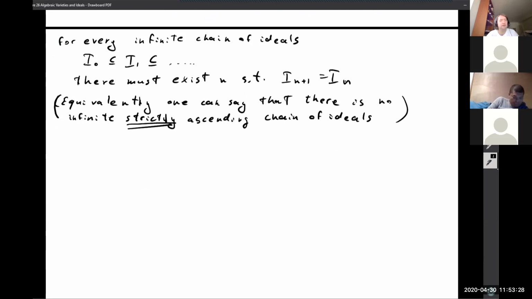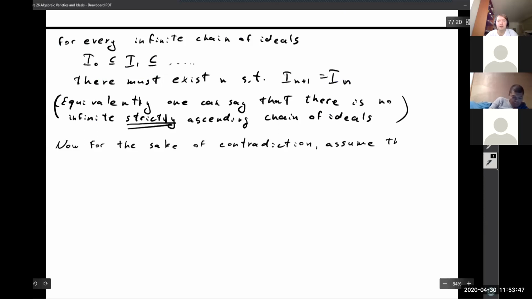Now, for the sake of contradiction, assume that I in F[x] is an ideal which cannot be generated by finitely many polynomials.